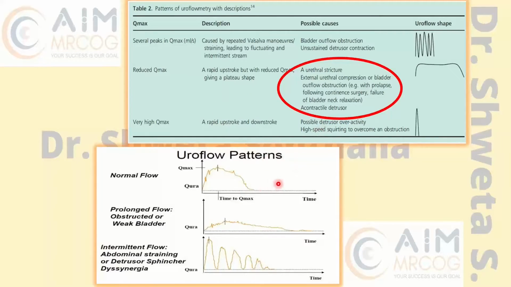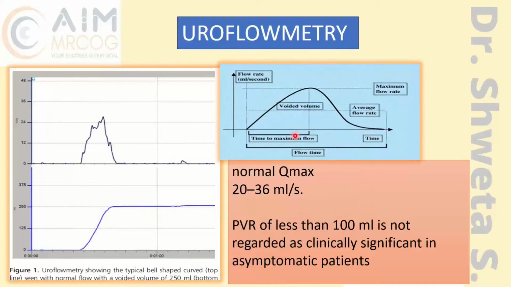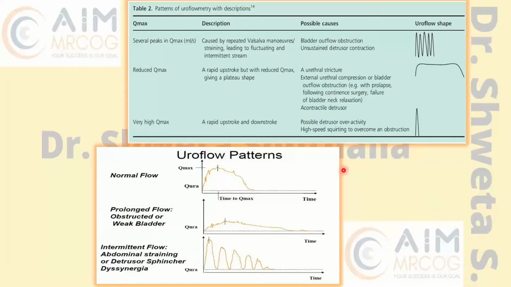This is how they ask you about the uroflowmetry graphs and the diagnosis. You should know the normal uroflowmetry: how it looks, bell-shaped, amount at least 200 ml, normal Qmax. You remember all these things, then only will you be able to detect the abnormal uroflowmetry graphs.